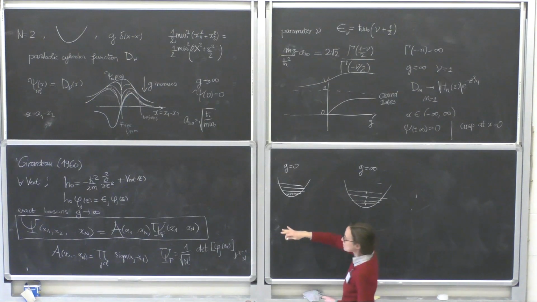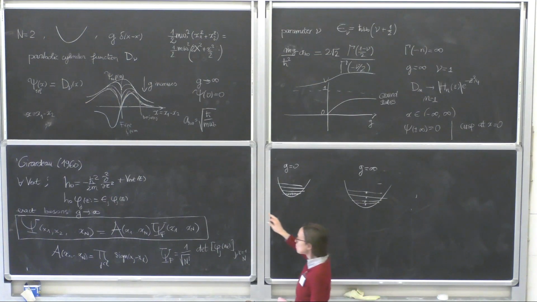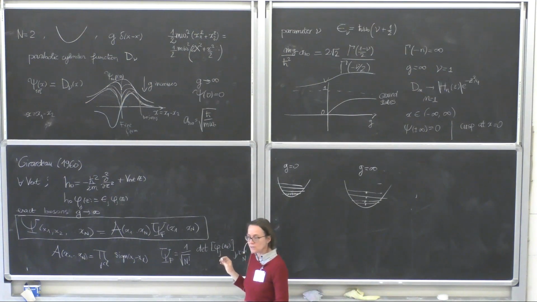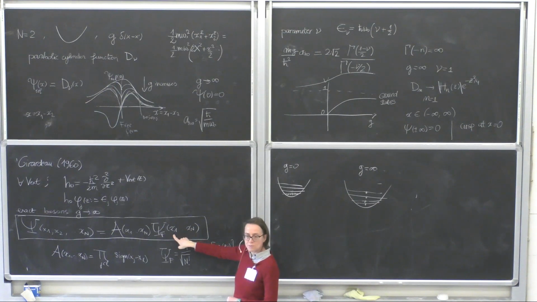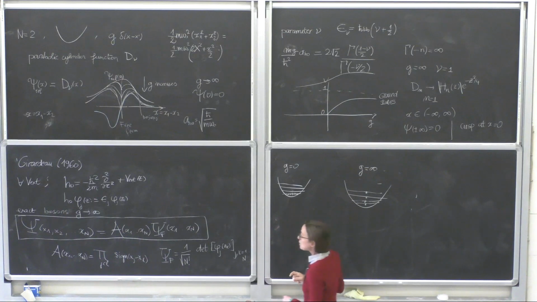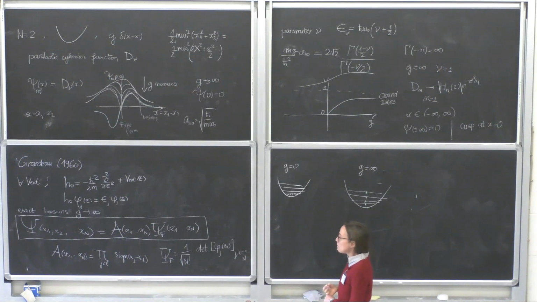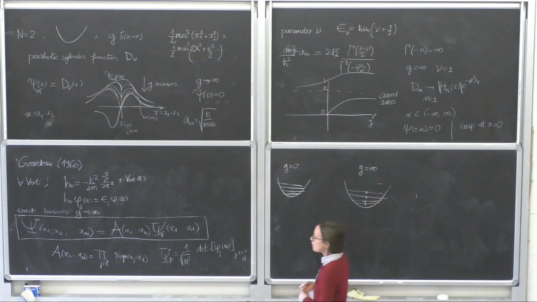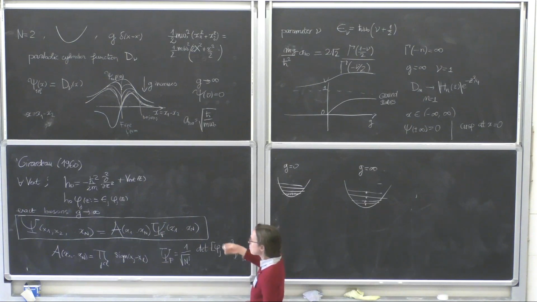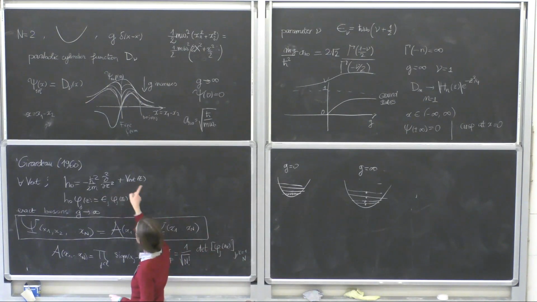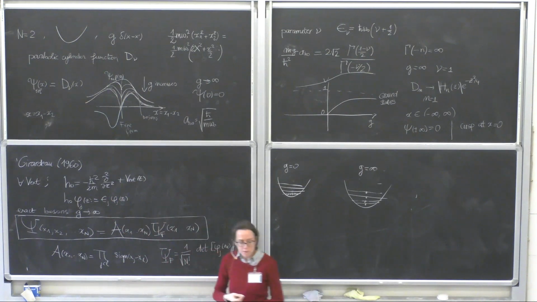The interactions are so strong that the wave function must vanish at contact, and this fermionic wave function exactly does what we want. And also note that in this regime there is no energy scale associated to the interactions, so the problem is quite universal. The only microscopic parameters that we have are those associated to the single particle problem.